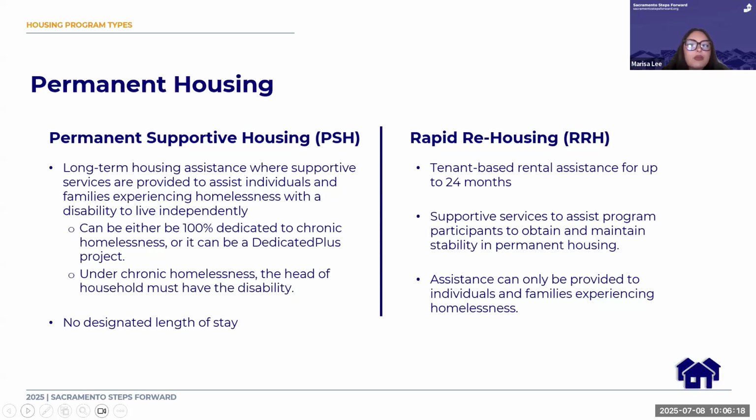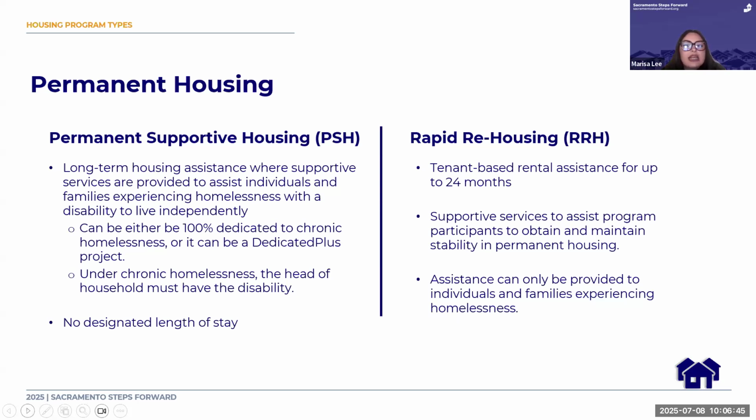The CoC program supports two types of permanent housing. That's permanent supportive housing and rapid rehousing. PSH provides long-term assistance and supportive services, and there's no designated end date. And PSH is for people with disabilities who meet the chronic homelessness definition. These projects can either be 100% dedicated to chronic homelessness, or it can be a dedicated plus project.